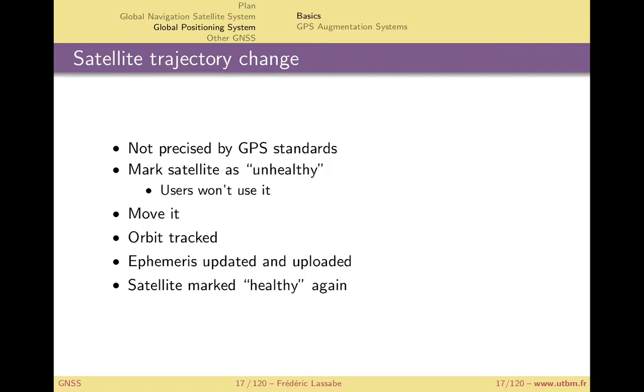Then they move the satellite trajectory, they track the new orbit, and when it's stable, the ephemeris is updated and uploaded to the satellite, and it can be marked healthy again and used by the user devices.